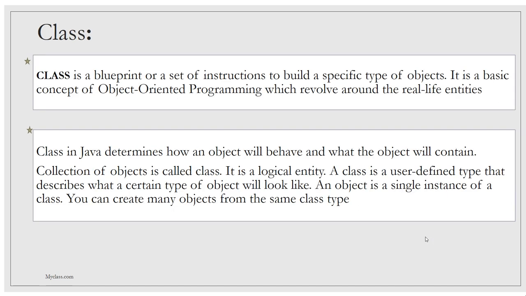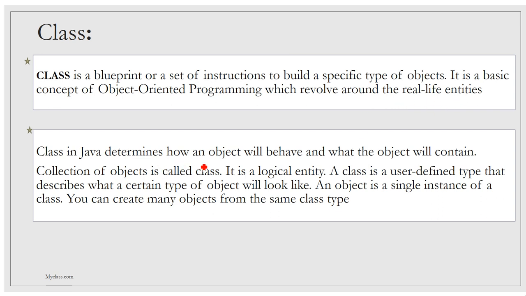So what is a class? A class is a blueprint or a set of instructions to build a specific type of object. Actually, a class is like a blueprint, some instructions written down about how an object looks. That is the concept of a class. From the class, we can create more objects. It is a basic concept of object-oriented programming which revolves around real-life entities.